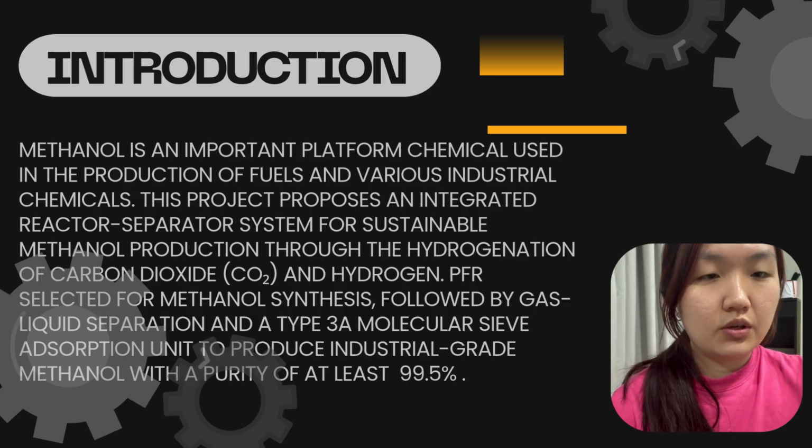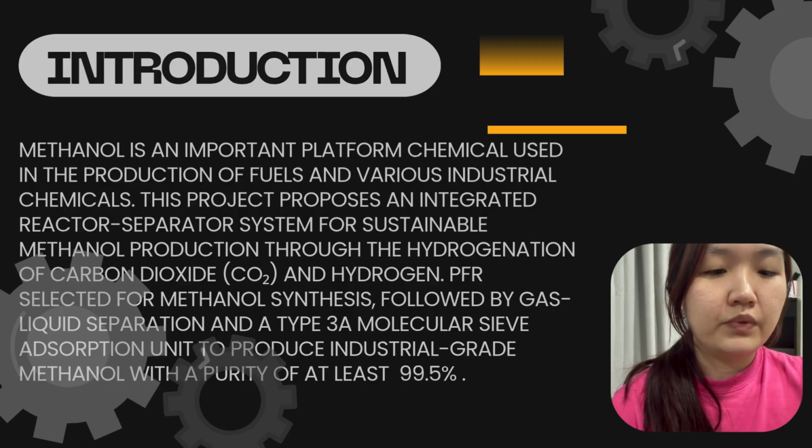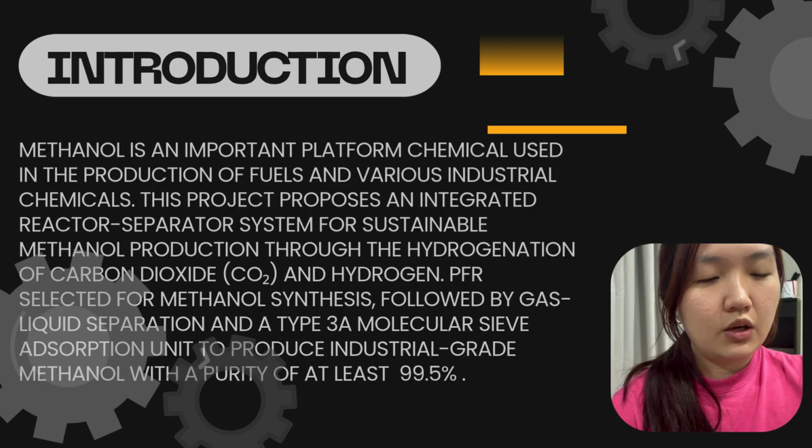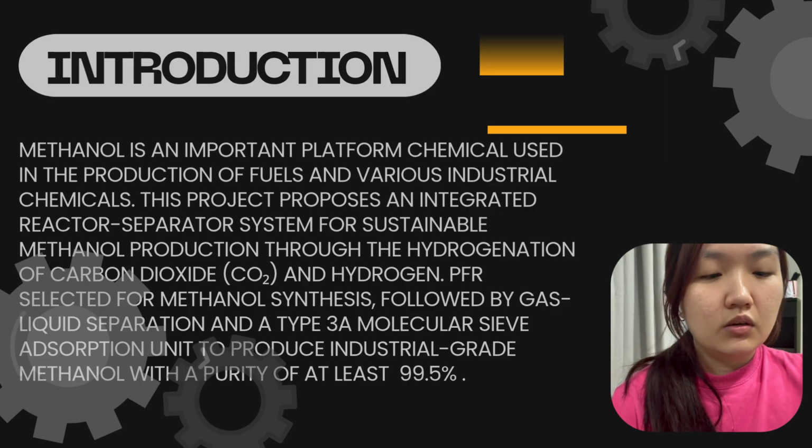Therefore, our project focuses on designing an integrated reactor and separator system. For the reaction engineering part, we selected a suitable reactor, catalyst, and operating condition to maximize methanol production. For the separation process, we designed an absorption-based purification system to achieve 99.5% pure methanol.